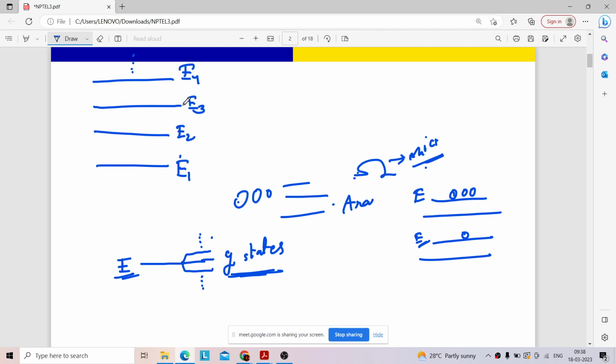Now let's assume these are steps, and each step has sub steps, like this E3 energy level. Let's assume there are some sub steps, G, with energy for this energy level E3.